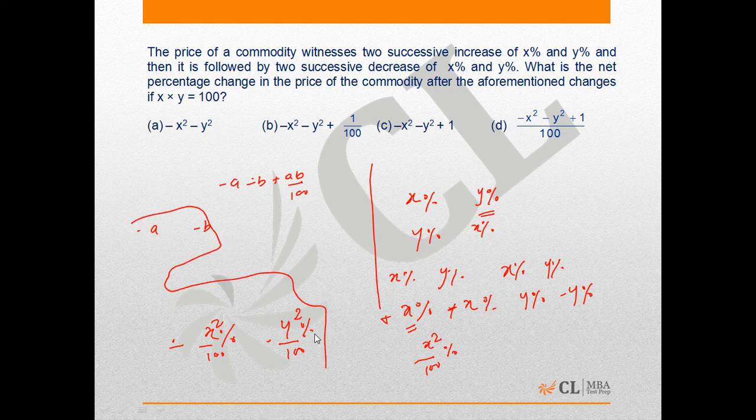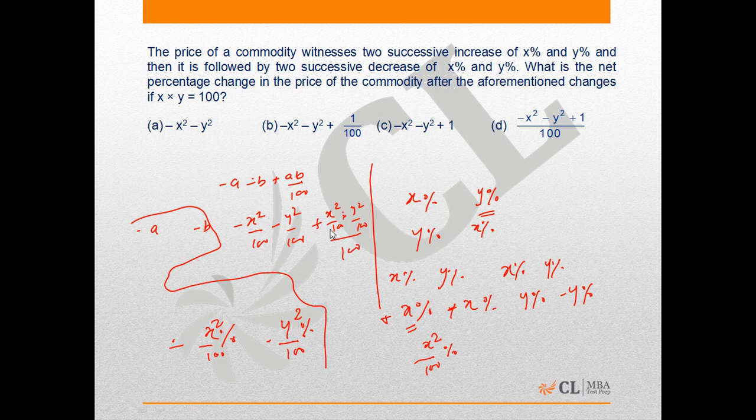Applying this same logic here, we get x square by 100 minus y square by 100 plus x square by 100 into y square by 100 upon 100 as the effective change in the price of the commodity.